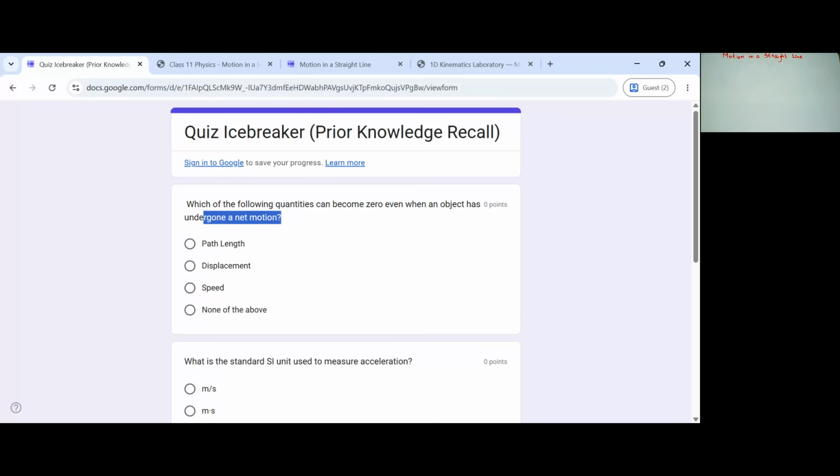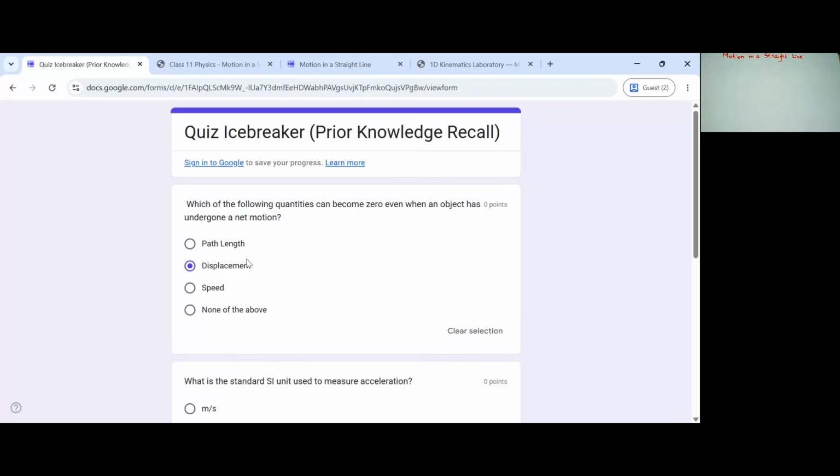Displacement, very good. Displacement can become zero even though the object has undergone a net motion.